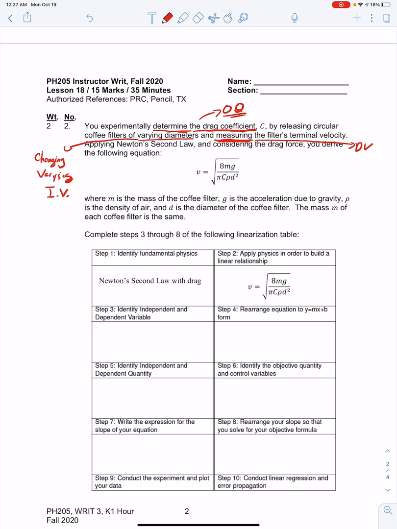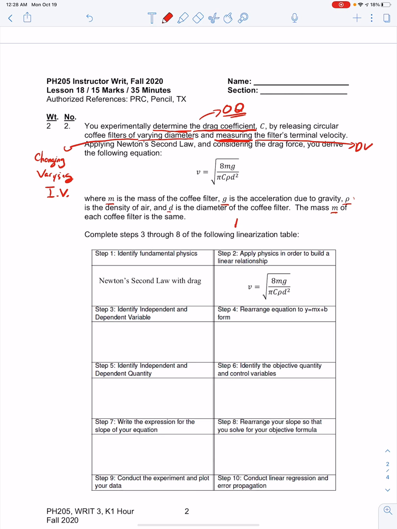Then it says where M is the mass of the coffee filter, check. G is the acceleration due to gravity, and you're given the density of air, and the mass M of each coffee filter is the same. Noticing mass doesn't change, density doesn't change, acceleration due to gravity doesn't change.